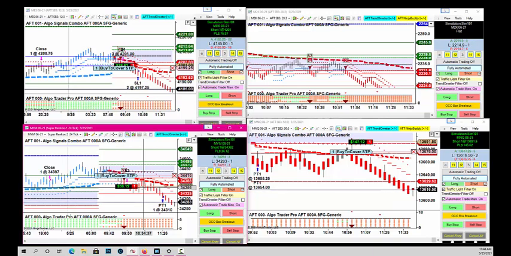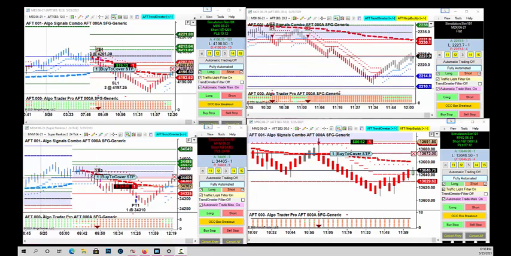The S&P is basically just about break even, maybe a little below the entry there on its final stop. So we're guaranteed small profit, at least at this point, on the last contract on the MES. All right, so in good shape. We just need to get that Dow to come down a bit more.